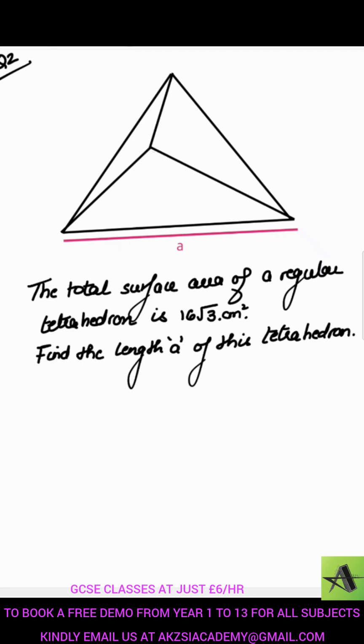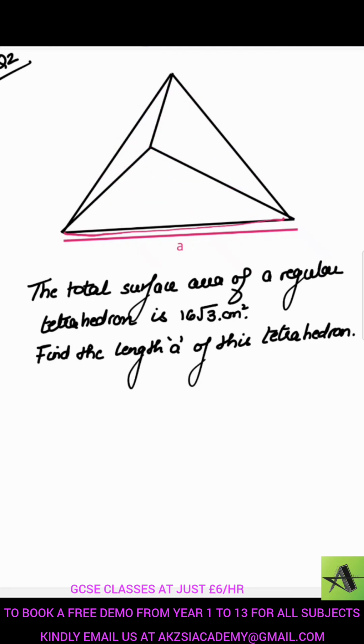This base is at the bottom, and this bottom one has a triangular surface. Similarly, it has 3 sides: this side will lead to this triangle, this side will lead to this triangle, and this side will lead to this front triangle.